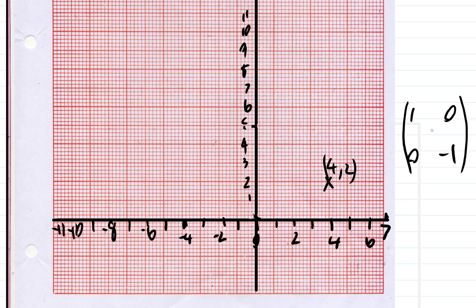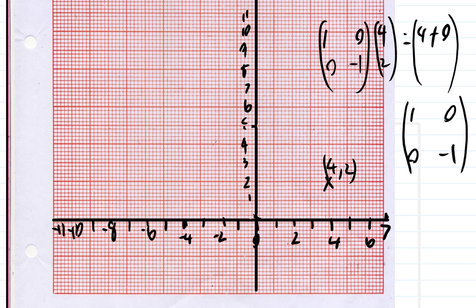What happens to it after going through this transformation? 1, 0, 0, negative 1 multiplied by 4, 2. 1 by 4 is 4 plus 0 by 2 is 0. 0 by 4 is 0 plus negative 1 by 2 is negative 2.